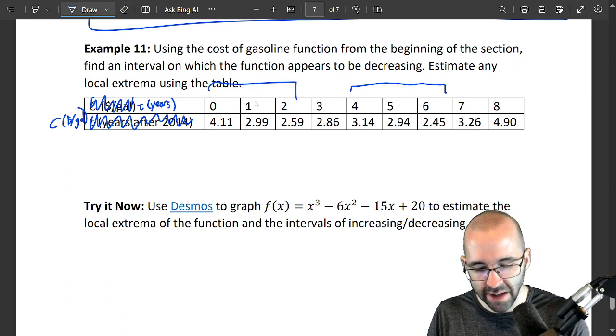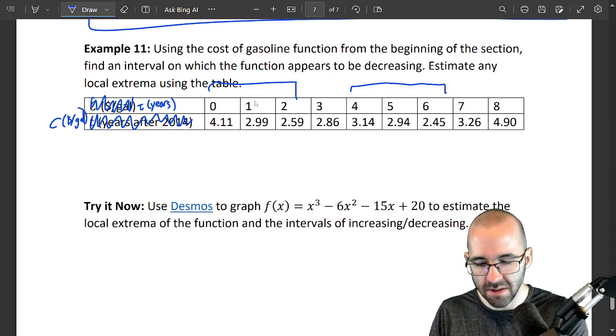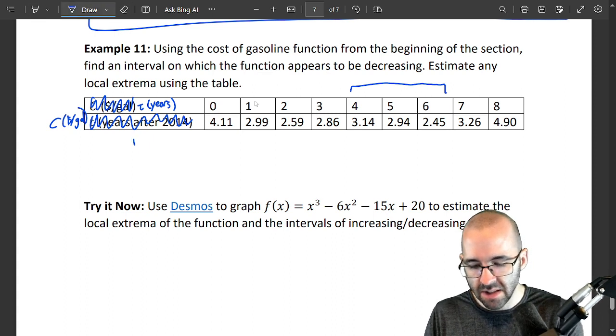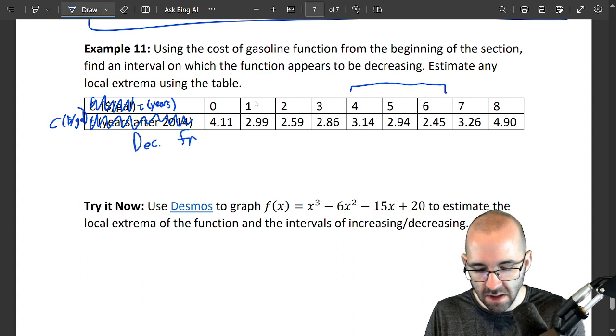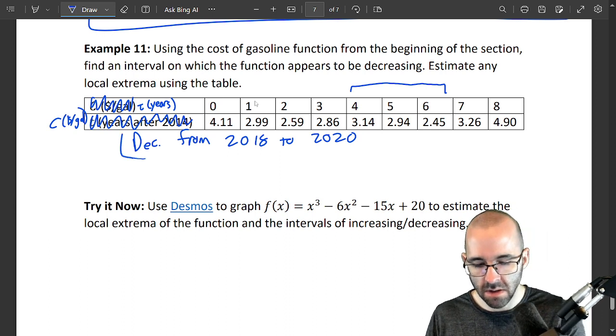Or this could be your answer. All right? There's a few answers. Just choose one, it says. So it's decreasing from 2018 to 2020. That's just one possible answer.